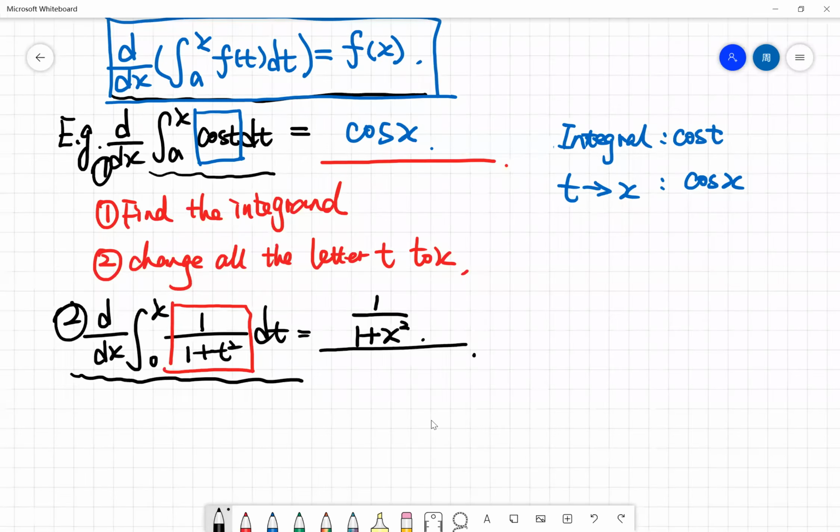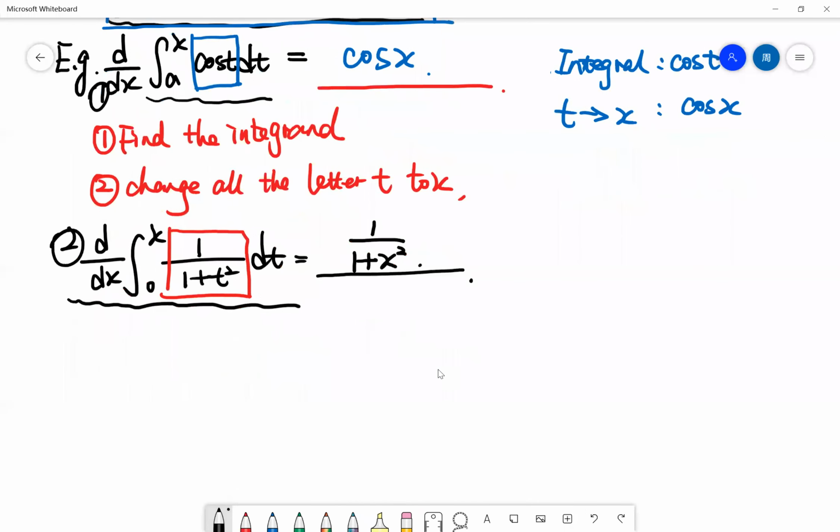You just first find the integrand and then change t to x, and that is correct. So here, I will give you a third example. Please calculate and paste your answer in the WeChat group. Let me see it. The lower limit is x, the upper limit is 5, and the integrand is 3t sine t dt.